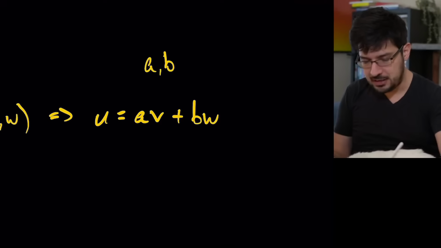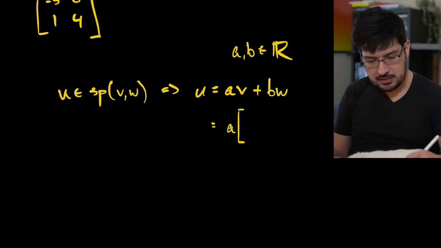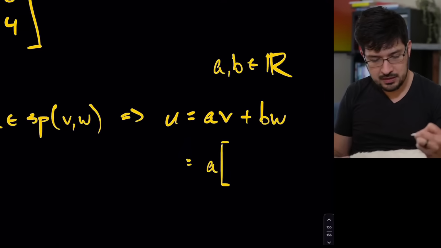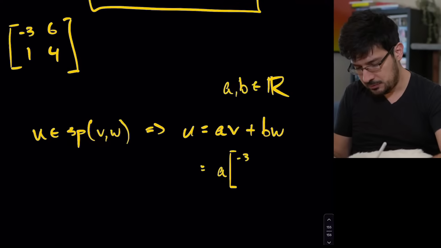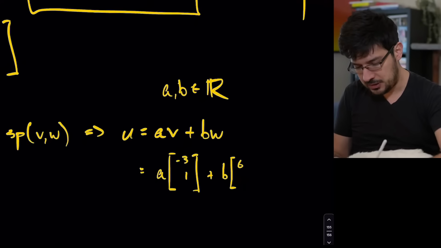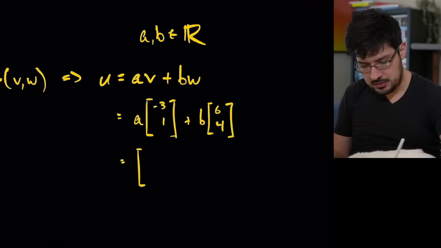Then this is a times this vector v, which is -3, 1, plus b times this other vector, 6, 4. And that is -3a plus 6b and a plus 4b.